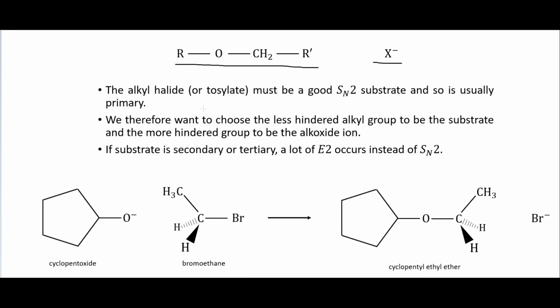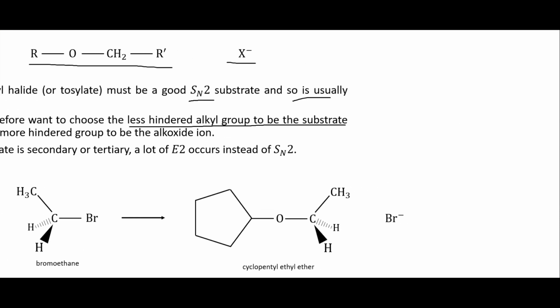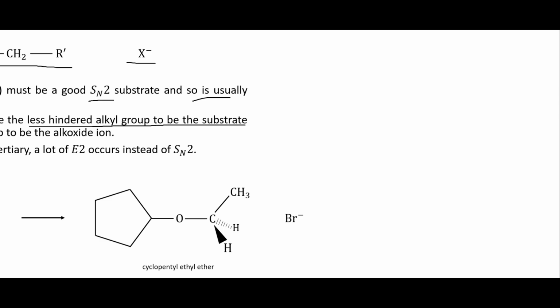So the alkyl halide or tosylate must be a good SN2 substrate, and so it is usually primary. We therefore want to choose the less hindered alkyl group to be the substrate and the more hindered group to be the alkoxide ion.